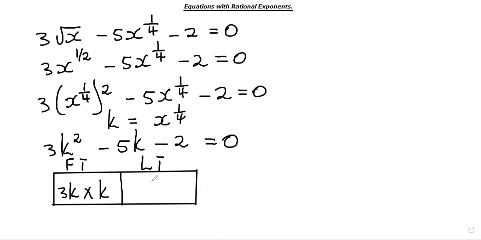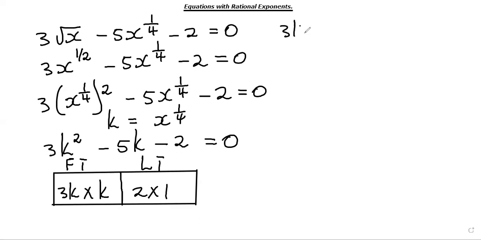And the last term, which is 2, can only be written as 2 times 1. So we are looking for a combination of multiplications such that if we add them, we should get 5. So if you say 3k times 2, you get 6k. And if you say k times 1, you get k. So we see that 6k minus k will be 5. So it's a perfect combination.